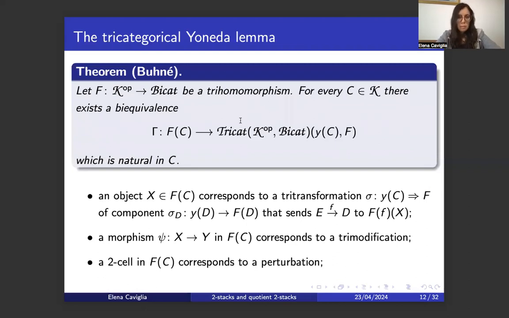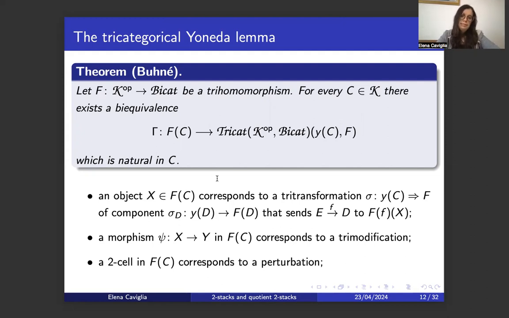So if we have a trimorphism, then for every object C in K, there is a biequivalence between F of C and this bicategory. So this is exactly the Yoneda lemma, but in the three-categorical context.